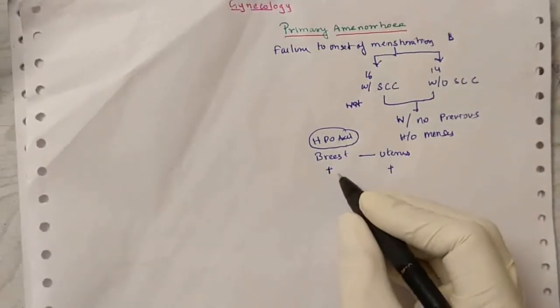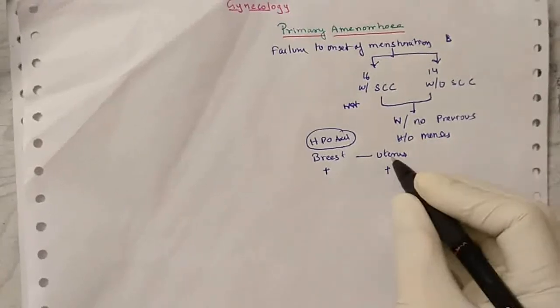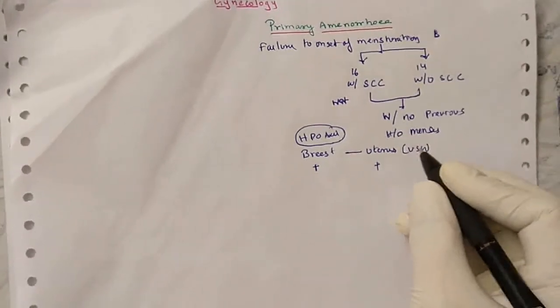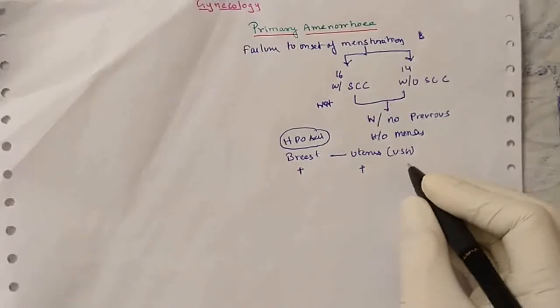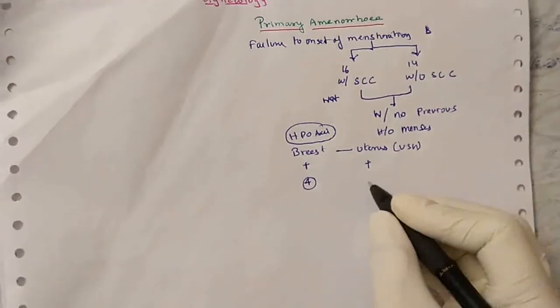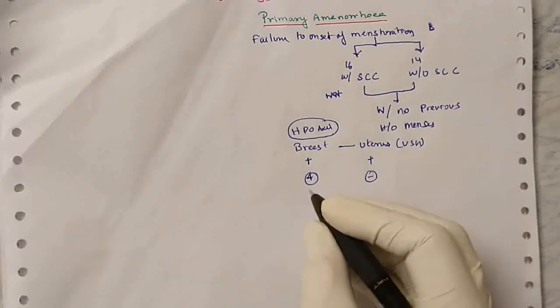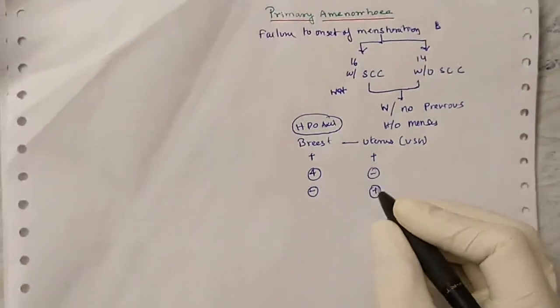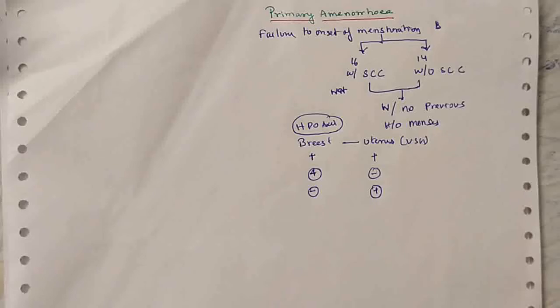If the breast is intact and uterus is intact by USG, or if the breast is intact but uterus is not present, or if breast is not present and uterus is present, these are the different possibilities that can happen. Now let's talk about examples of each.